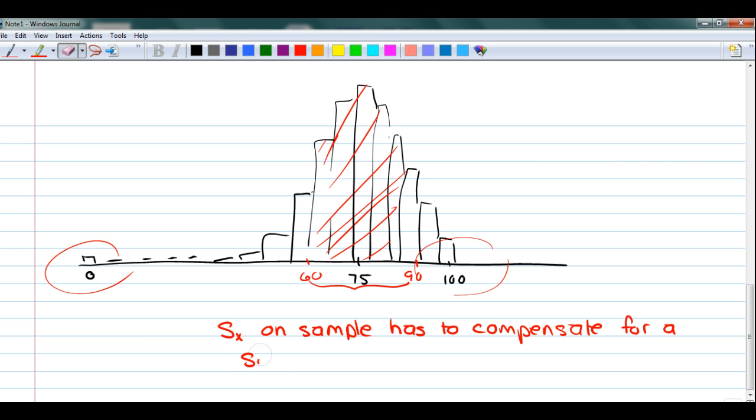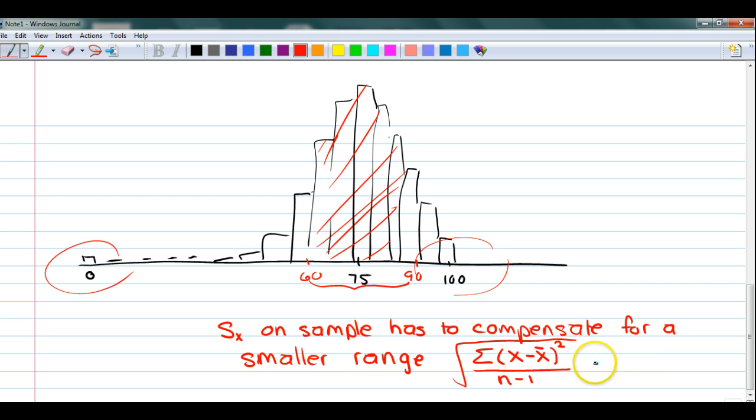When we compensate for that smaller range, we do that by adding, that's the sum symbol, our data values, which we usually call x for a random variable, minus our sample mean, square that quantity, and divide by the sample size minus 1, and then take the square root.